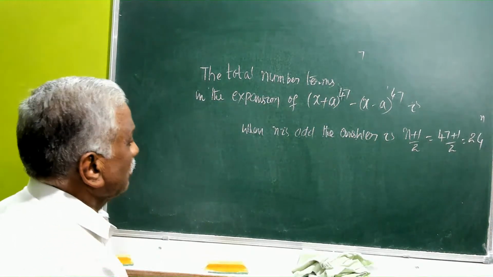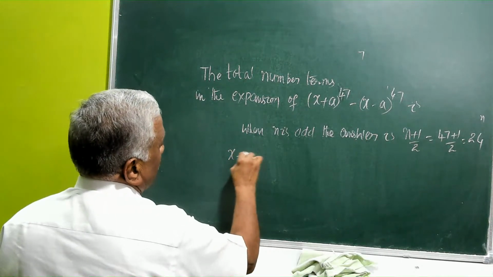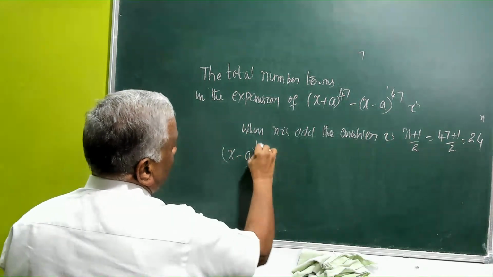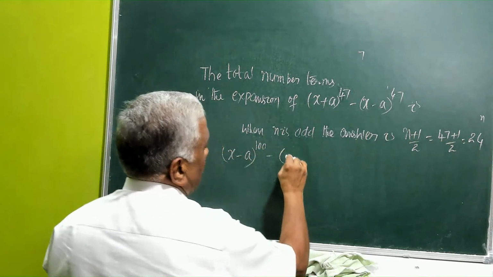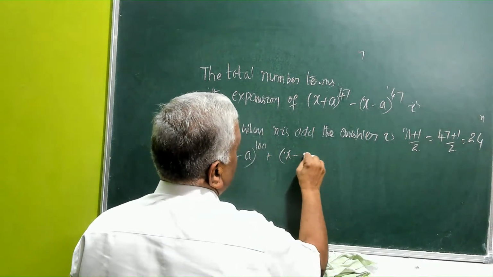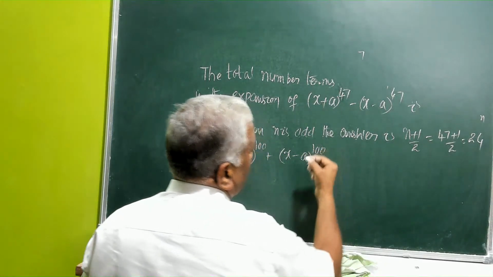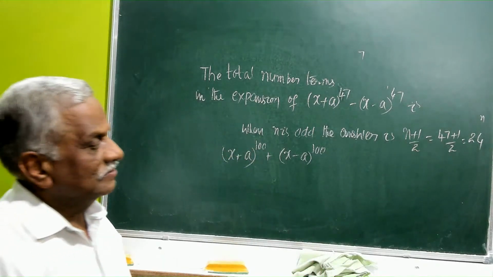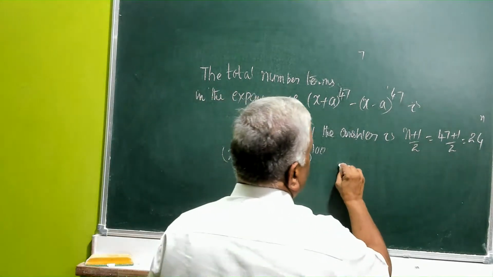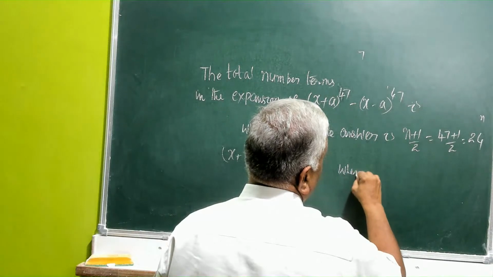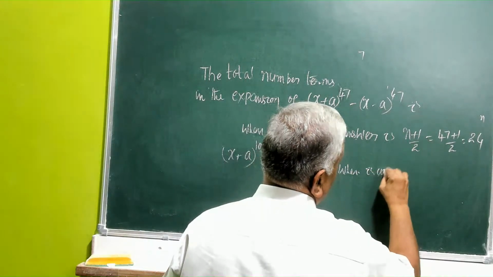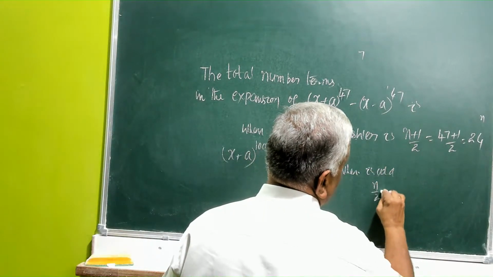One of the years asked a question, (x plus a) to the power of 100 and the other one (x minus a) to the power of 100, how many terms are there? For this you should remember, when n is even, the answer is n by 2 plus 1.